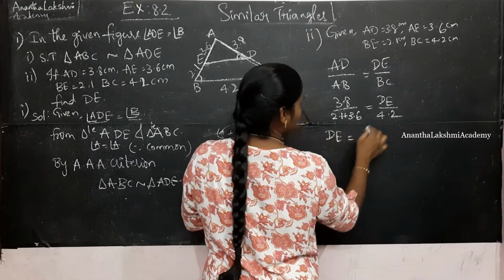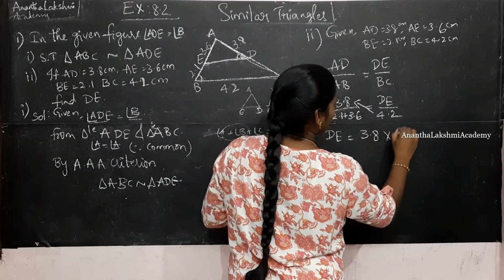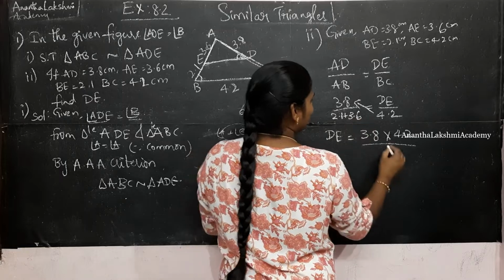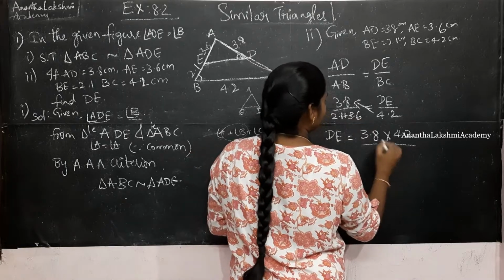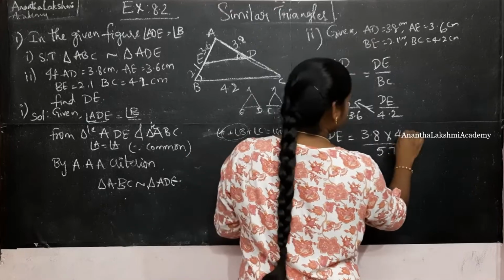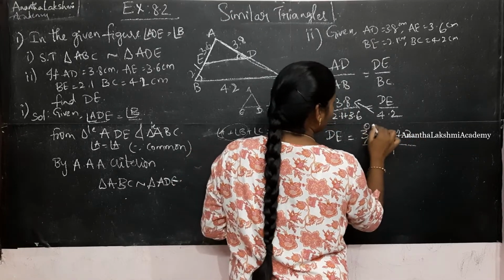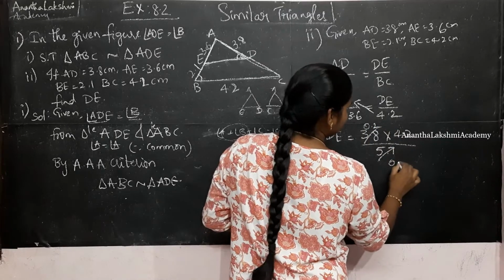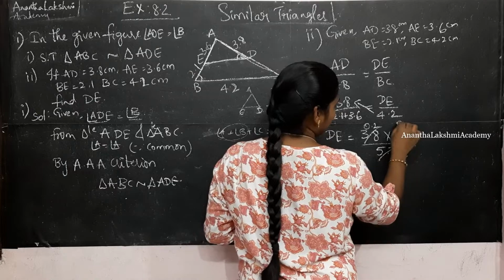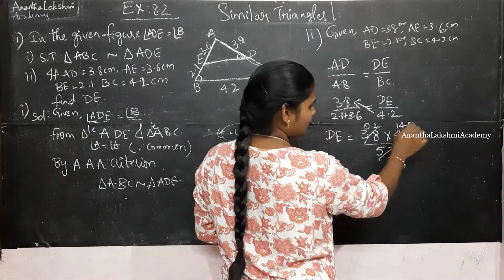DE is equal to 3.8 into 4.2 divided by 2.1 plus 3.6, which is 5.7. If you take the 19 table, 19 twos are 38, 19 threes are 57, and this value cuts. 3 ones are 3, 3 fours are 12, and 4.2 gives 14.